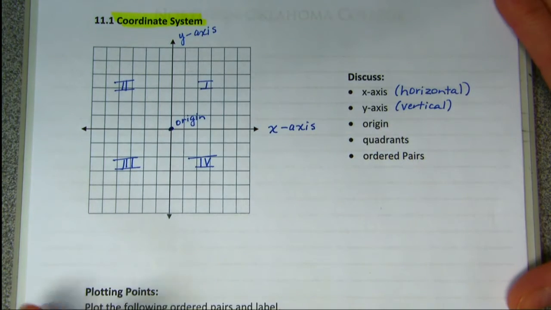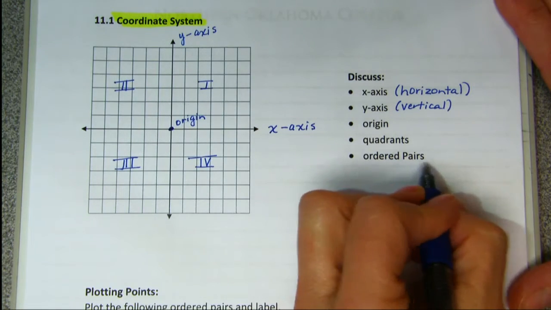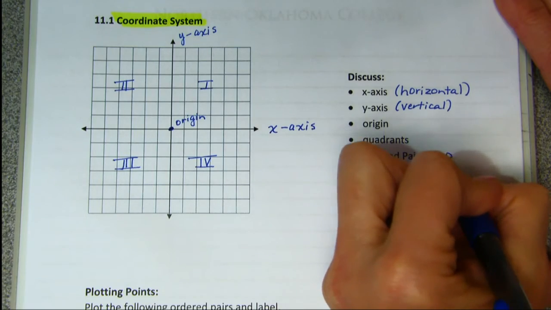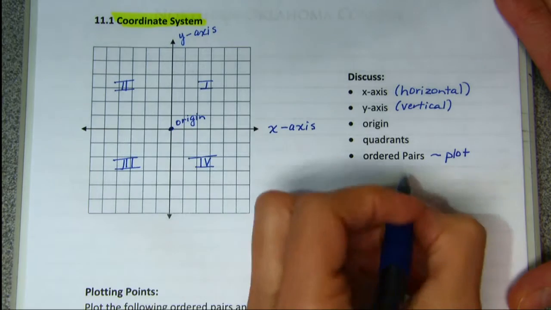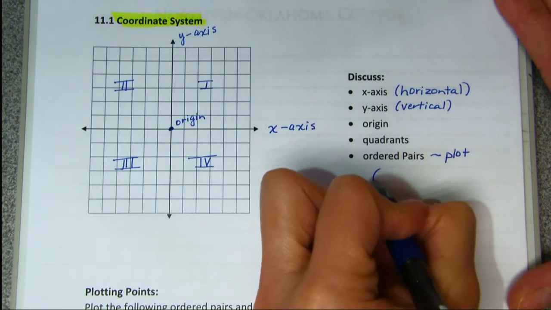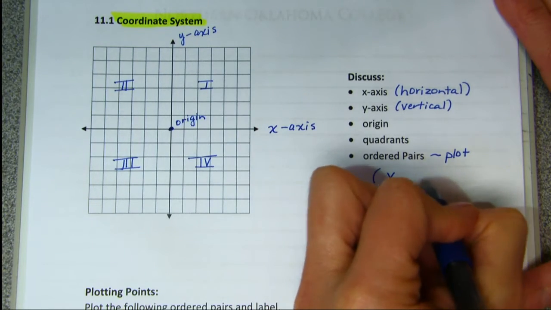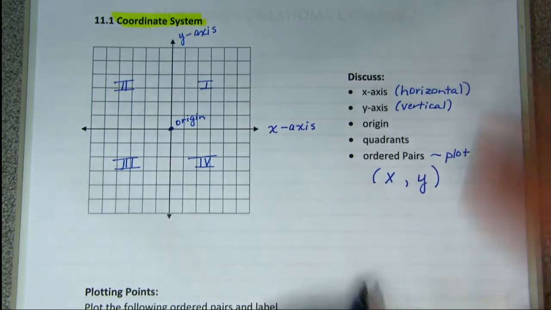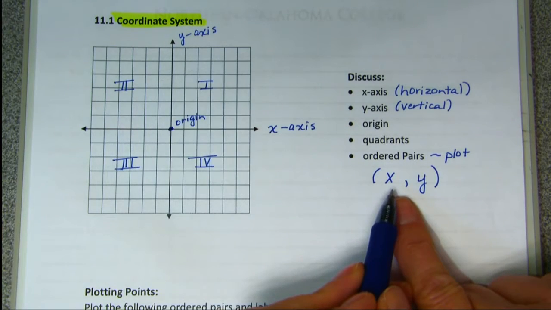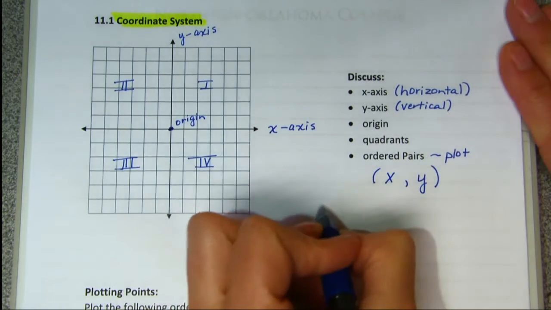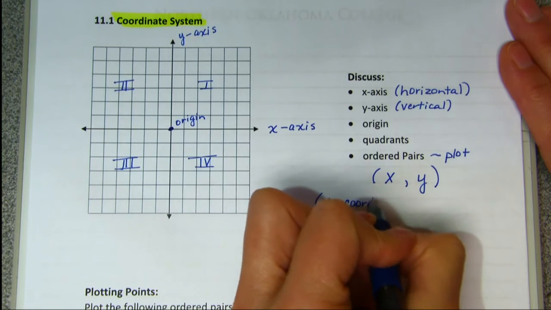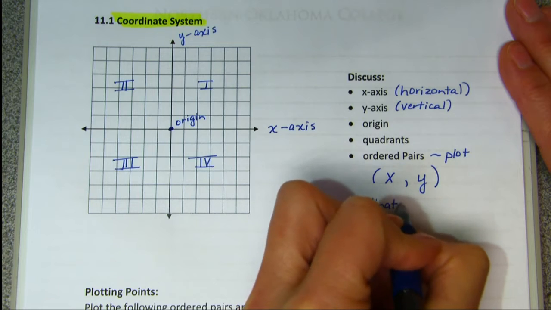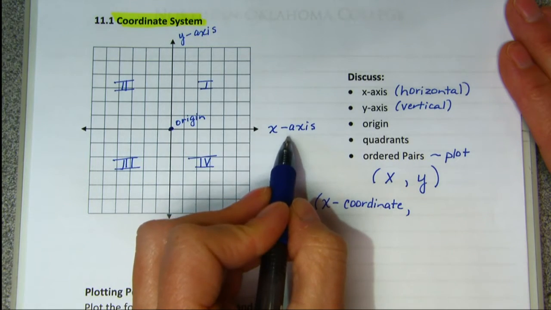Now, what we're going to be doing is taking what are called ordered pairs, and we're going to learn how to plot them on this coordinate system. Pairs means two numbers, so you're always going to be given two numbers. The first one is what is called your x-coordinate, and that is in relationship to the x-axis.